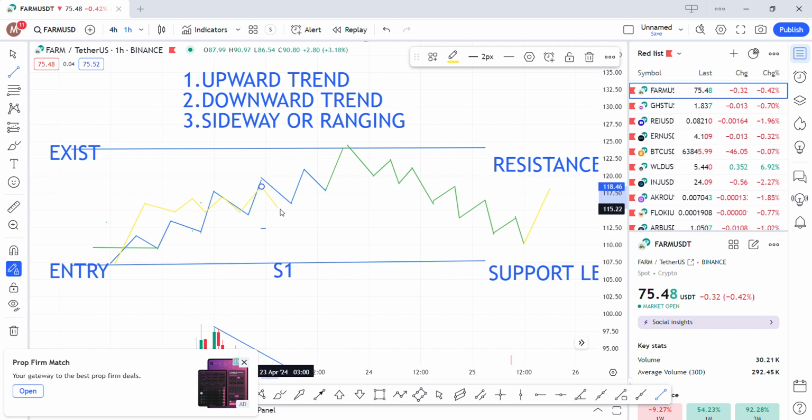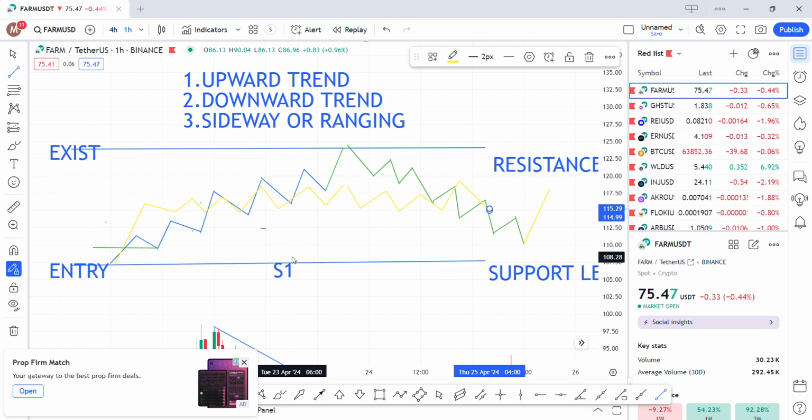So you see them on the sideways. It's just following the sideways trade. You understand? And this is what we call a sideways or ranging trend. This is how they behave. So those are the three types of a trend.